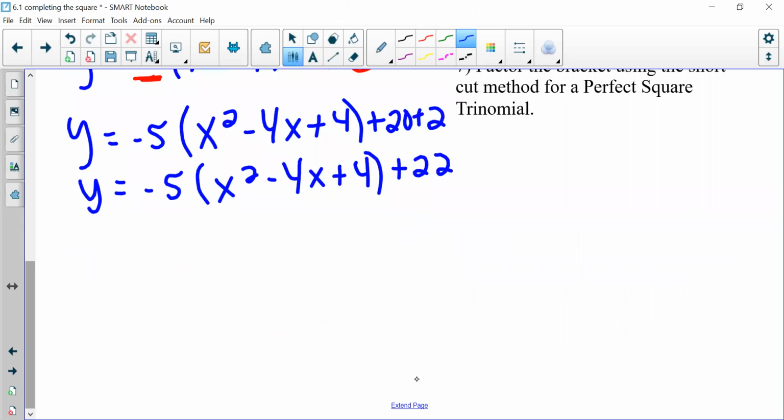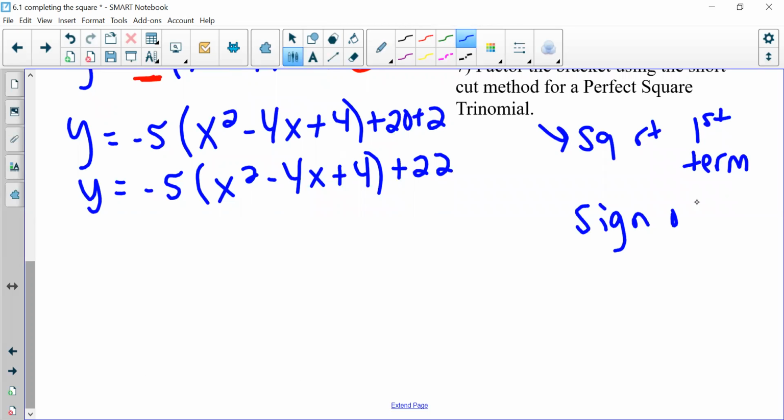And now I have this kind of interesting last step here. So you're going to take the square root of the first term, sign of the middle, and square root of the last term.